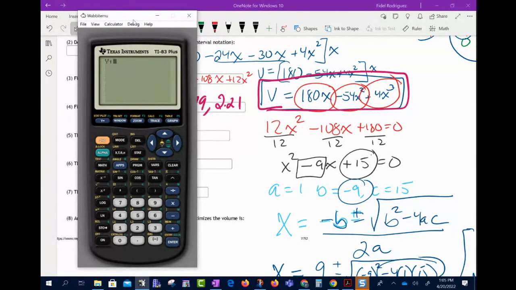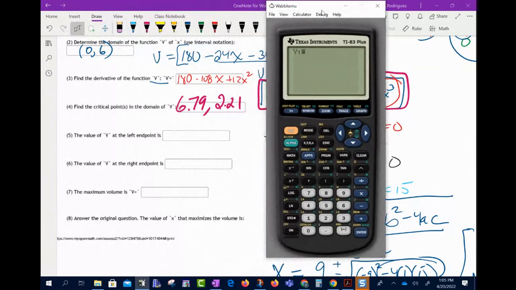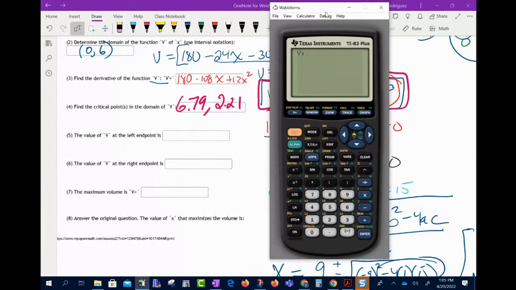Let me quit that. Let me go to my y bar. We're going to evaluate this function, y'all, at 2 numbers. One of them is at 6.79. One of them is at 2.21. Y'all, look what the first part says: the left endpoint. Which one of these 2 would be the left endpoint? The 2.21, right? So we're going to evaluate at 2.21, and the answer that I'm coming up with here is 177.23.